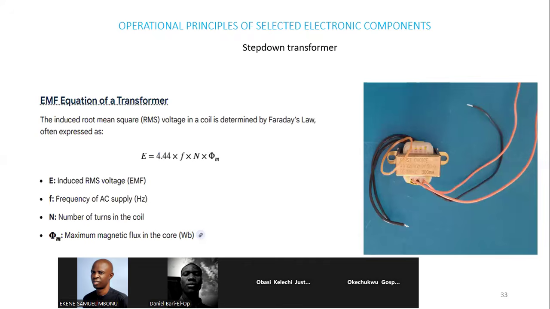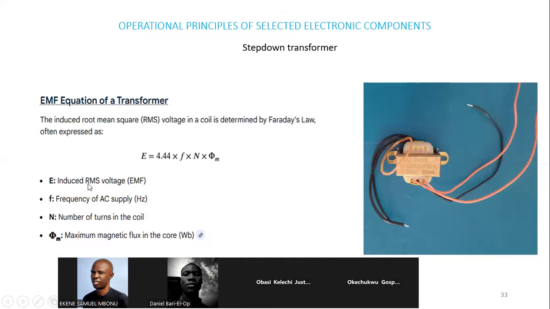We can't get this in reality. Now, the electromagnetic equation, that's the EMF equation, the electromotive force equation of a transformer, is given by E equals 4.4 times f times the number of turns times the magnetic flux. You need to take note of the formula.